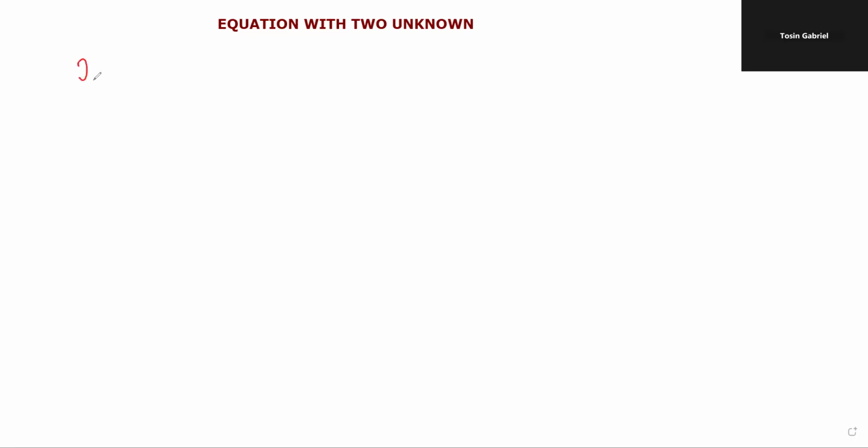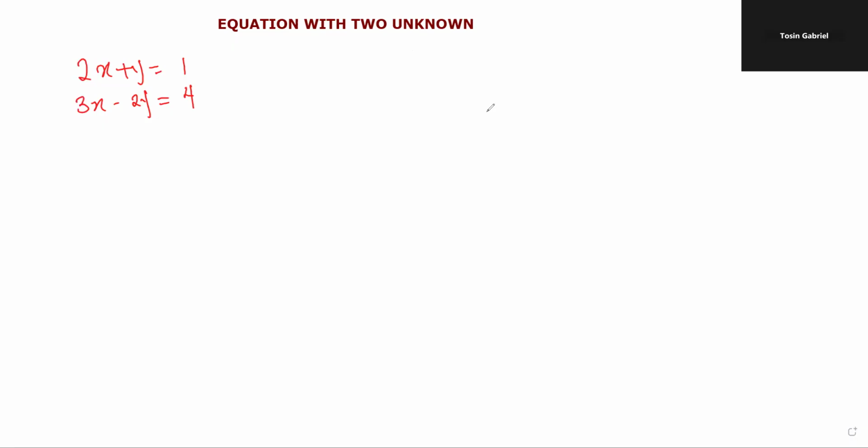So let's take this equation. We have 2x plus y, which is equal to 1. And we have 3x minus 2y, which is equal to 4. Now, this is called simultaneous equation, and there are different methods you can use to solve this type of equation.